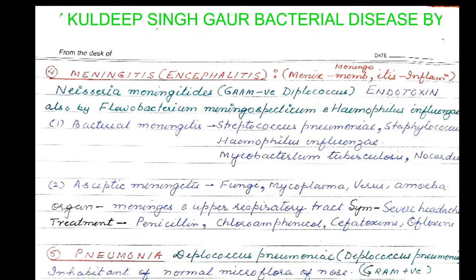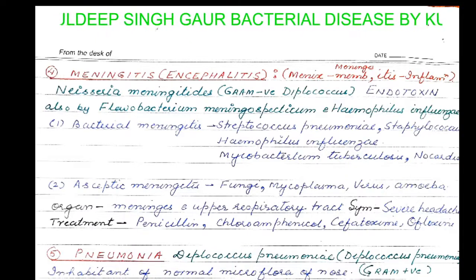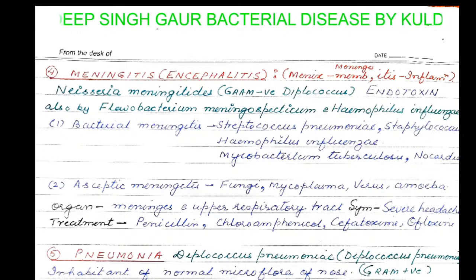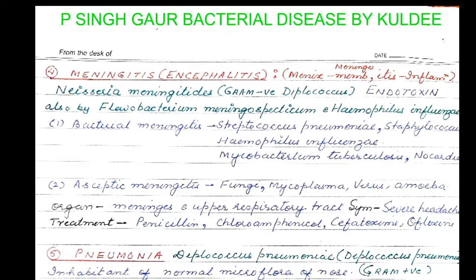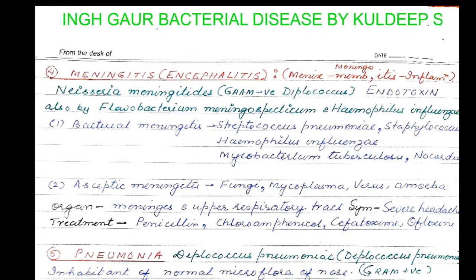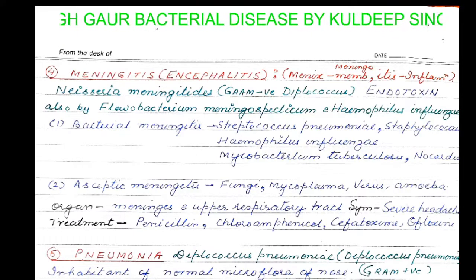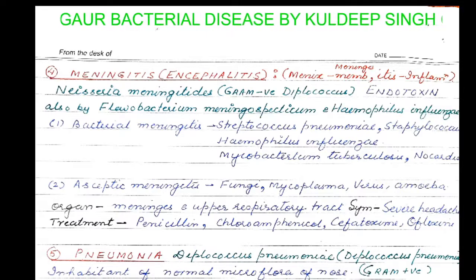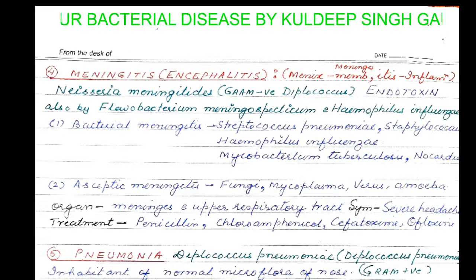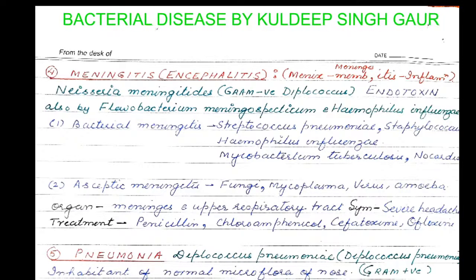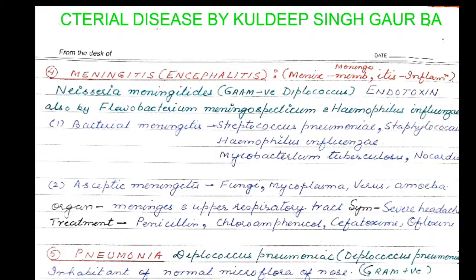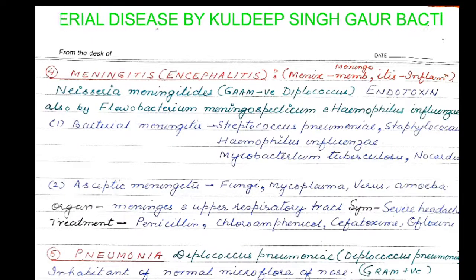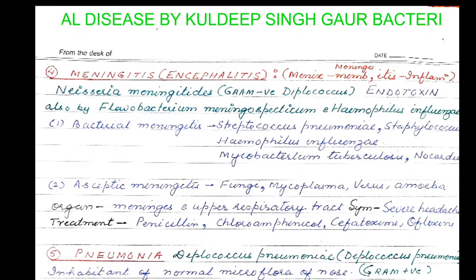It produces endotoxins. It can also be caused by other bacteria such as Flavobacterium meningosepticum and Haemophilus influenzae. Bacterial meningitis is caused by Streptococcus pneumoniae, Staphylococcus, Haemophilus influenzae, Mycobacterium tuberculosis, and Nocardia.